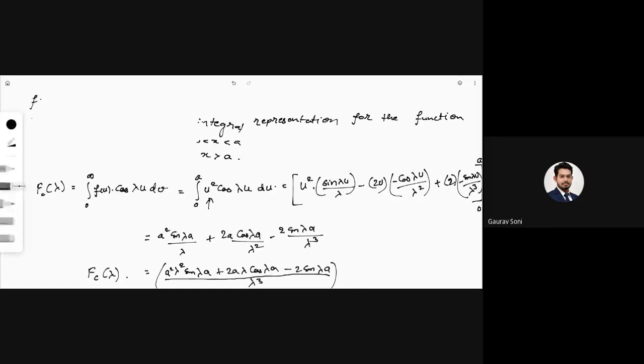So f of x is equal to 2 by pi integral 0 to infinity a square lambda square sin lambda a plus 2a lambda cos lambda a minus 2 sin lambda a, divided by lambda cube, into cos lambda x d lambda is our final answer.